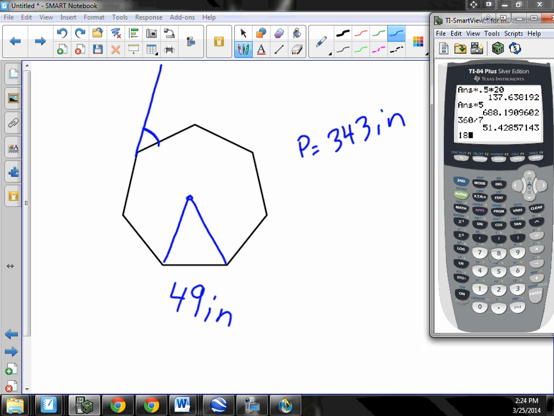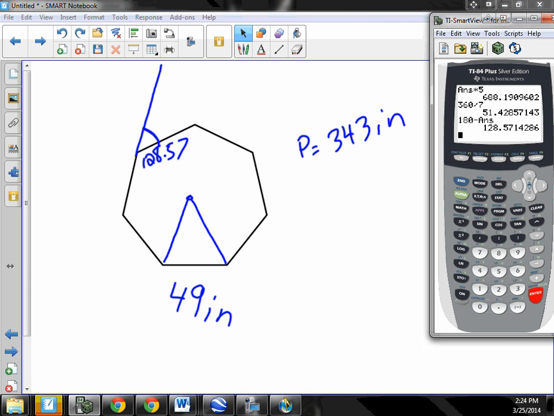So if I do 180 minus my answer, my interior angles are 128.57. So now, the little pizza slice: if I calculate the area of this slice of pizza and times it by 7, then I get the whole area. Well, I know that the base angles of this isosceles triangle are half of 128.57.